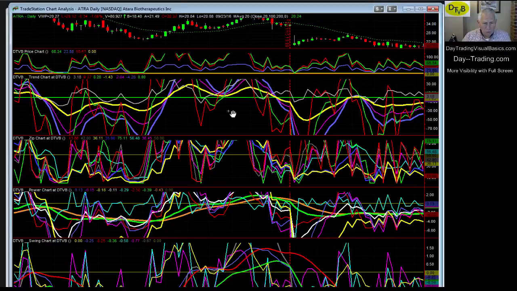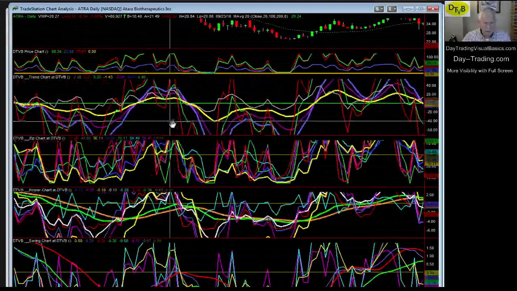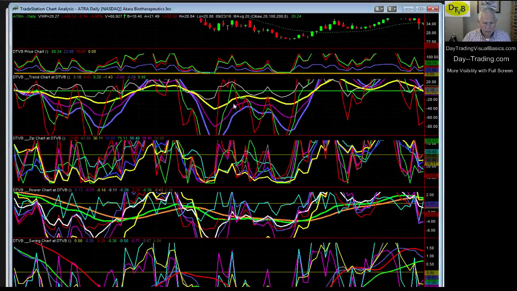I'm going to point out one other example that I want you to look at, over here. I will draw a vertical line on it, right there. That is an example of almost the identical situation. The trio yellow, pink, blue is down under zero. Trend red is up 2 days.